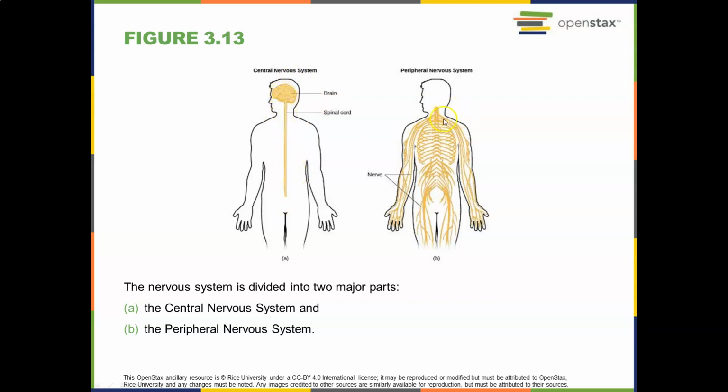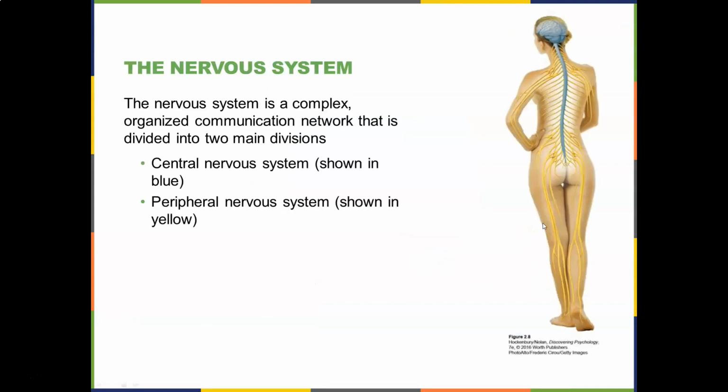The peripheral nervous system is basically everything else. That is all the nerves that come from the spine and go into our limbs. You can see it going through the arms, the fingers, and all throughout the back, going down into the legs. That is called the peripheral nervous system.